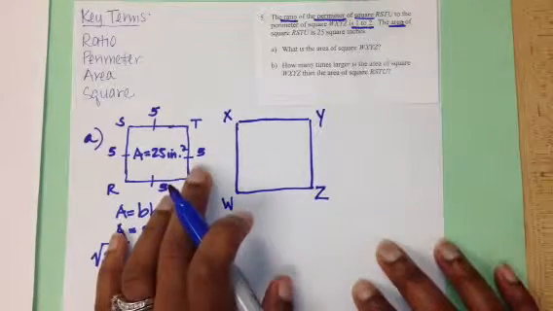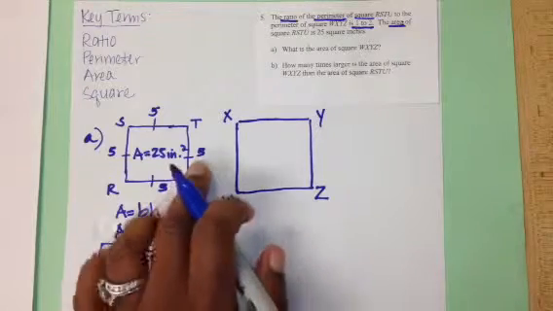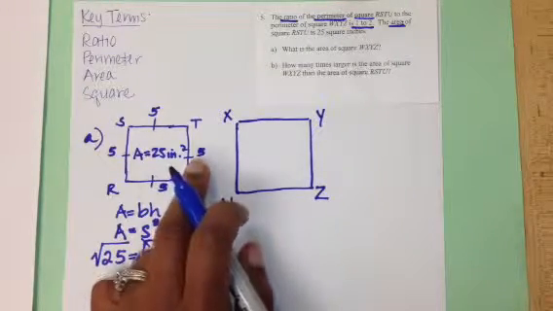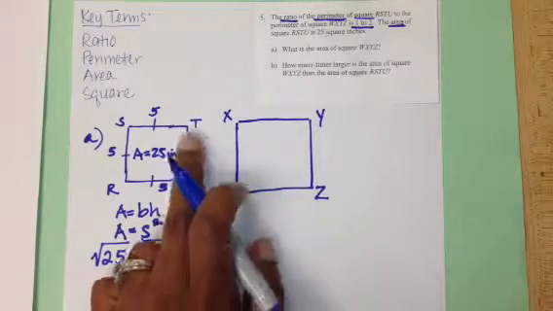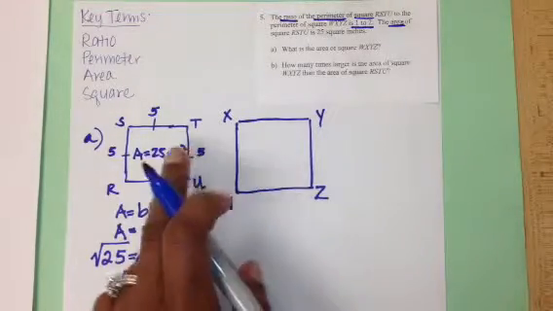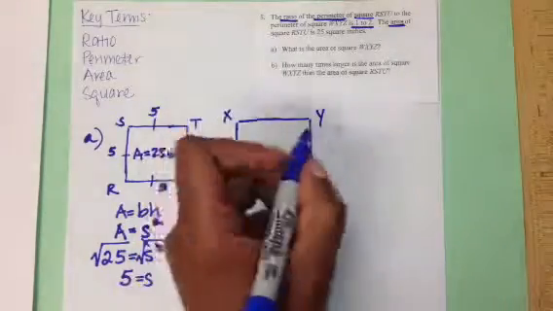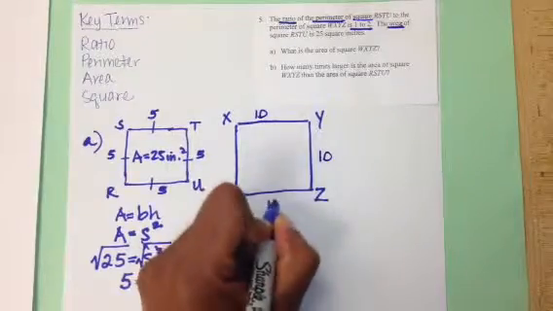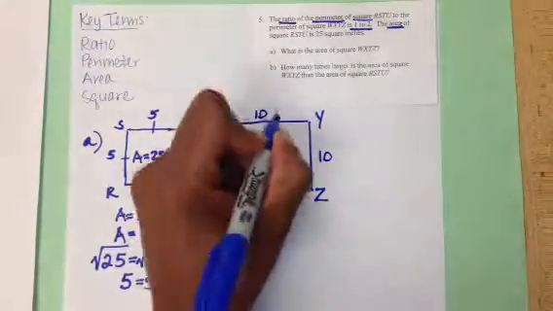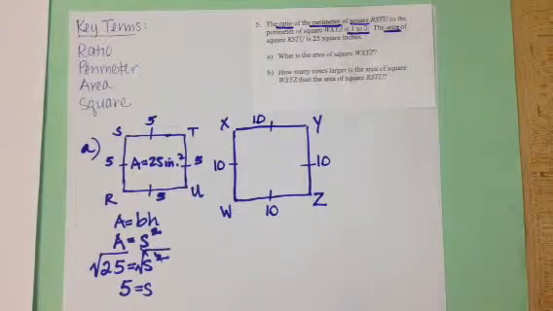If the sides of square RSTU are 5, the sides here are twice as big as 5, which would be 10. And remember, this is also a square, so all of the sides of WXYZ are equal.